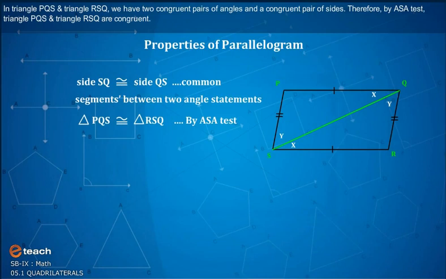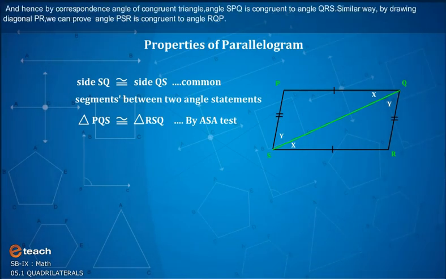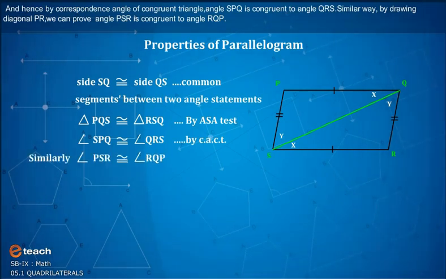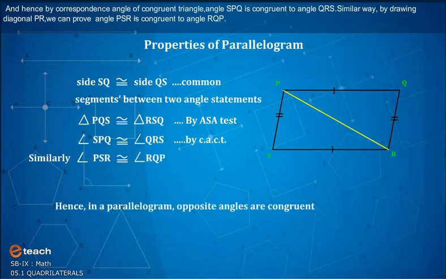Therefore, by ASA test, triangle PQS and triangle RSQ are congruent, and hence by corresponding angles of congruent triangles, angle SPQ is congruent to angle QRS. In a similar way, by drawing diagonal PR, we can prove angle PSR is congruent to angle RQP.